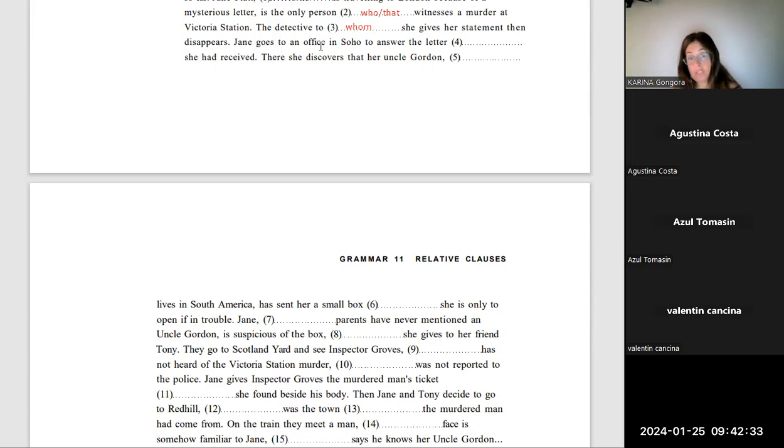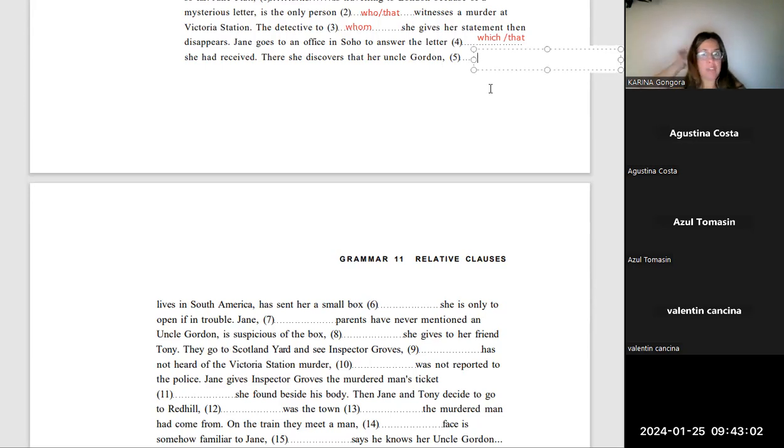Jane goes to an office in Soho to answer the letter. Acá es otra vez defining, so we can have which or that. Yes, she had received. There she discovered that her uncle Gordon, right, who in this case it is non-defining, así que no puede ir that.